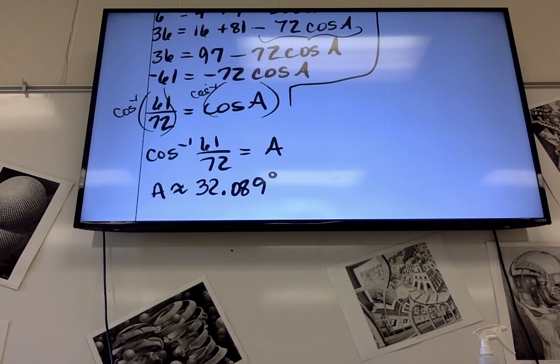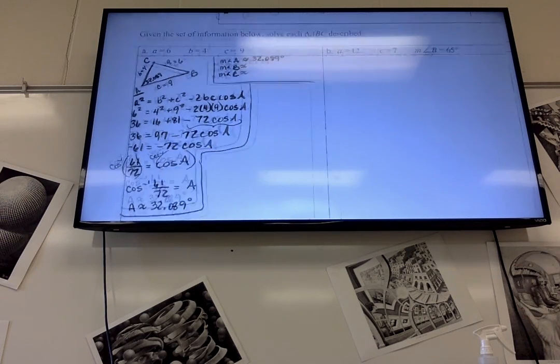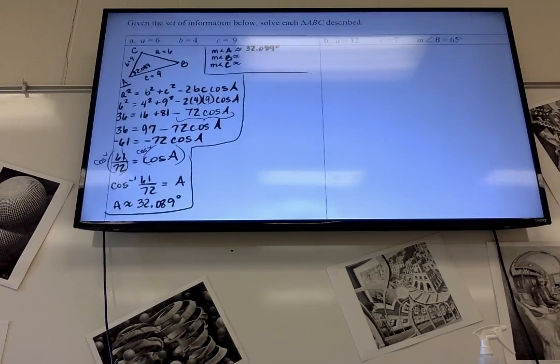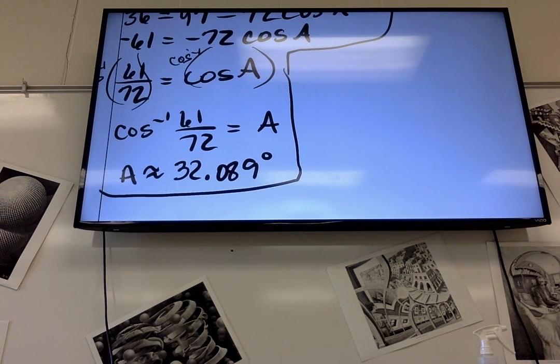So to practice law of cosines, I'm going to keep doing law of cosines. This time let's do B. B squared equals A squared plus C squared minus 2AC times cosine of B. Now I know technically you could do the law of sines now because I have an angle and a side across from it, but I would be using a rounded answer.